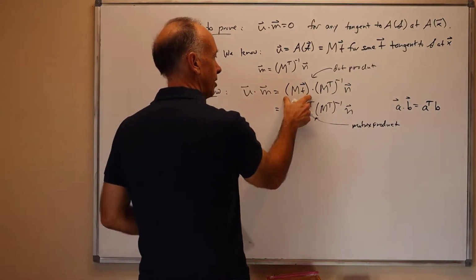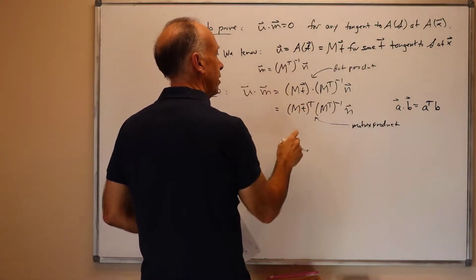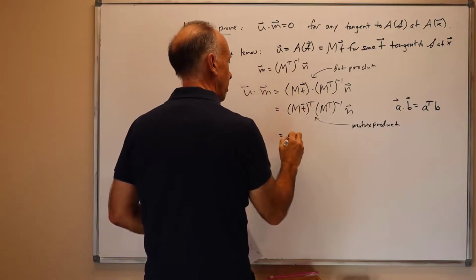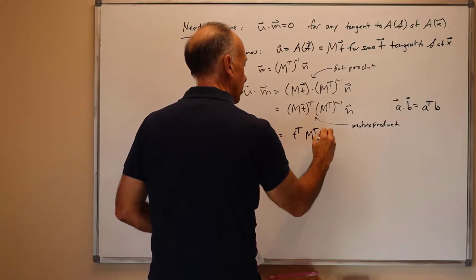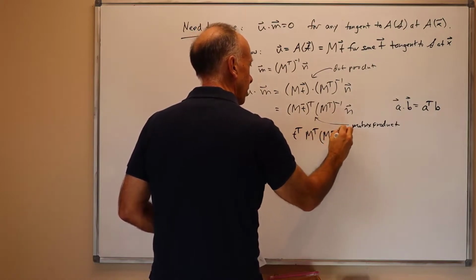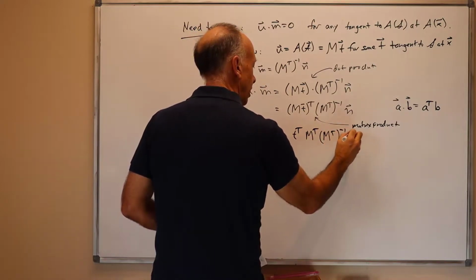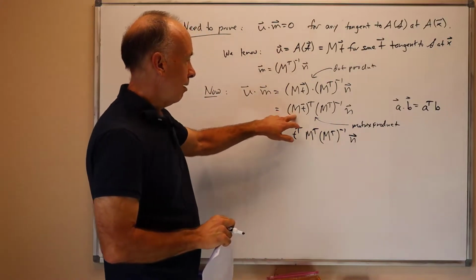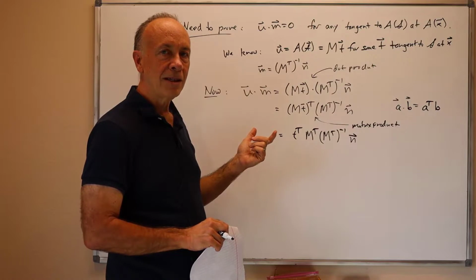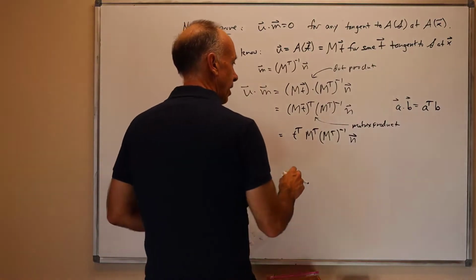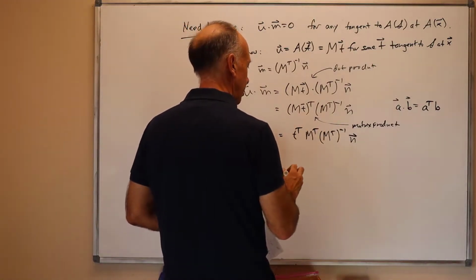So we just took this and changed it to its transpose and replaced the dot product by a matrix product. So that's equal to T transpose M transpose inverse N, using the fact that a transpose of a product is the product of the transposed objects in the opposite order, and also using associativity to drop parentheses.